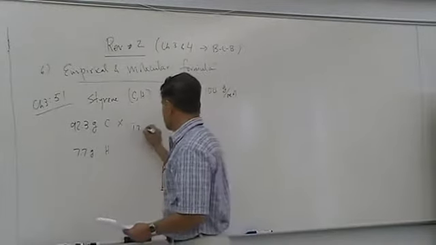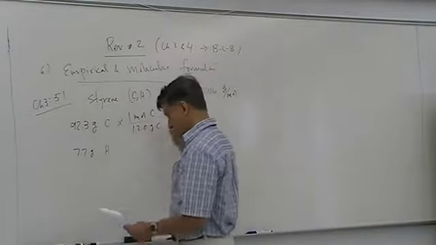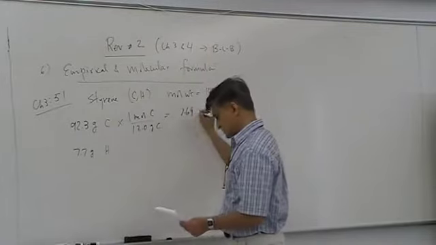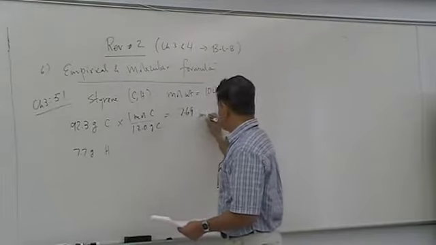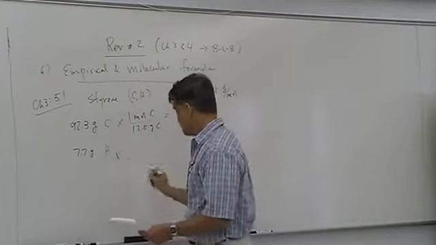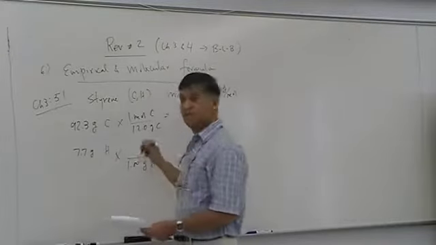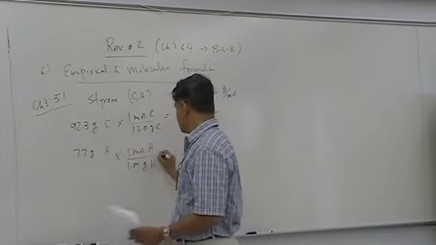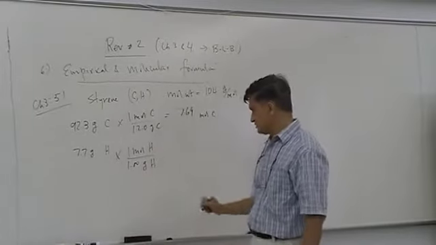So 12.0 gram carbon is giving 1 mole of carbon, and that would give me 7.69 as the mole of carbon. And from here, we can get 1.00 gram of hydrogen. Remember, gram per mole, look at periodic table, 1 mole of hydrogen. Actual value is 1.008. I just rounded off to 1.00.